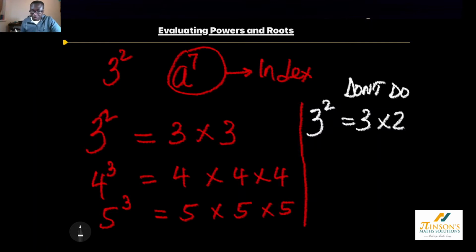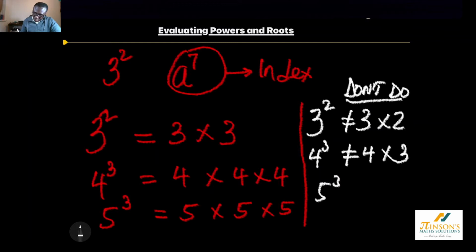A colleague of mine calls it illegal maths. 4 cubed is not 4 times 3. 5 cubed is not 5 times 3. Don't do that. These are called illegal maths or mathematical crimes.